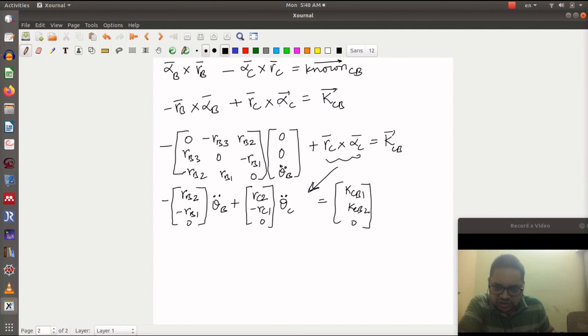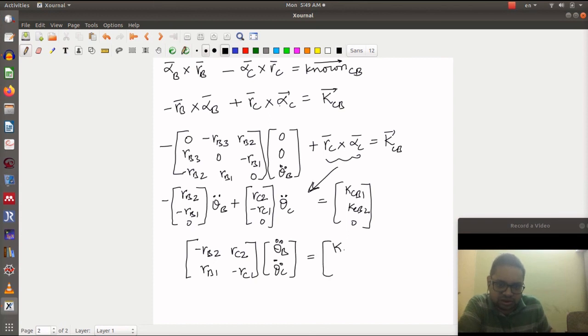So now if you write this in matrix form, RB2, RC2, RB1, minus RC1, times theta B double dot, theta C double dot, is equal to KCB1, KCB2.